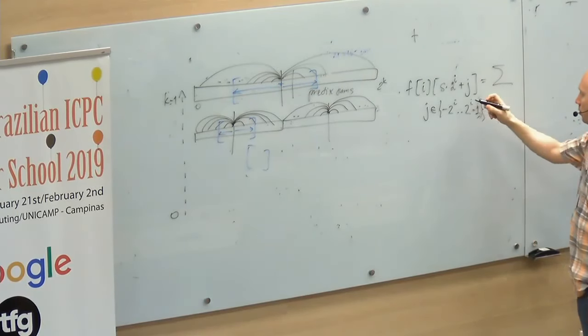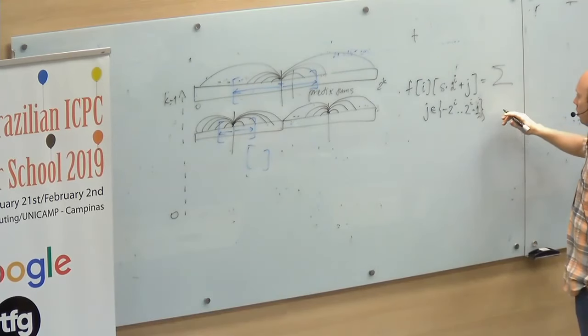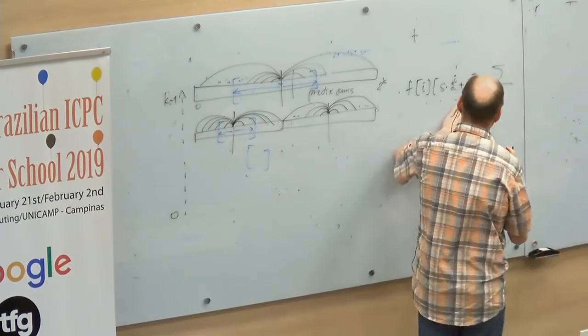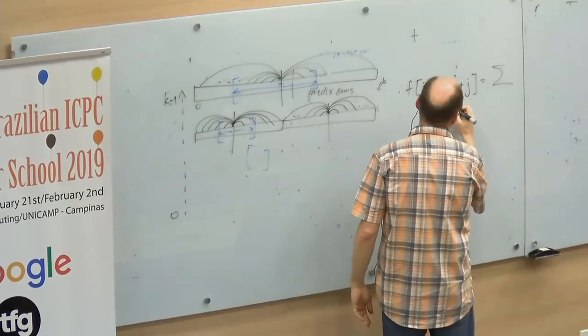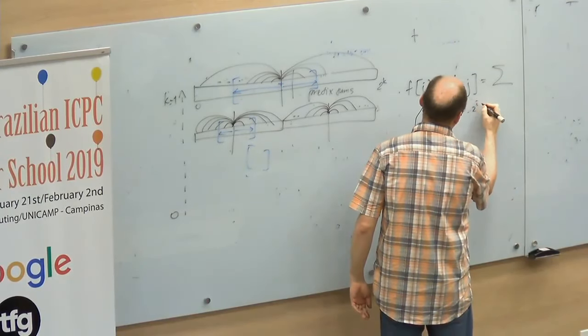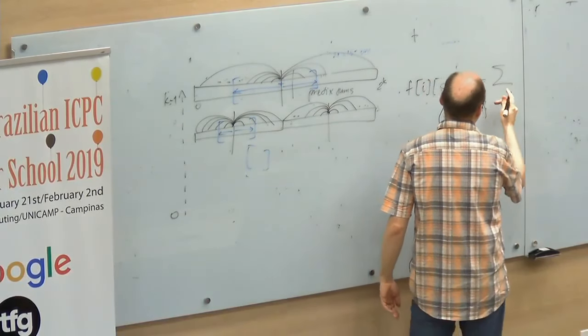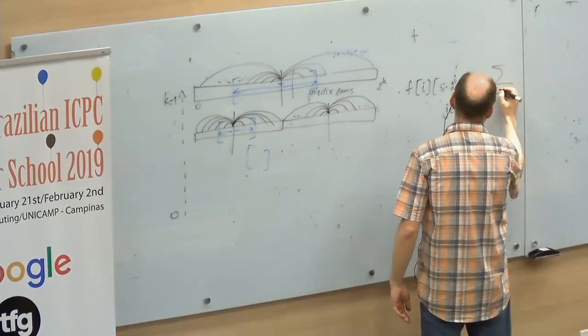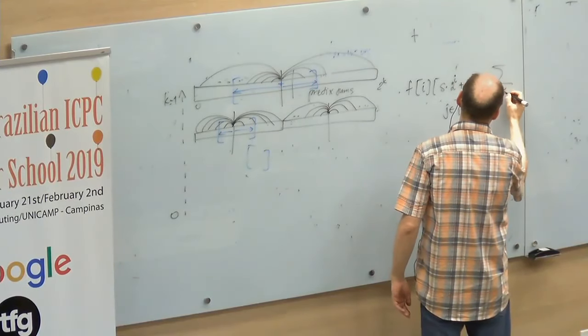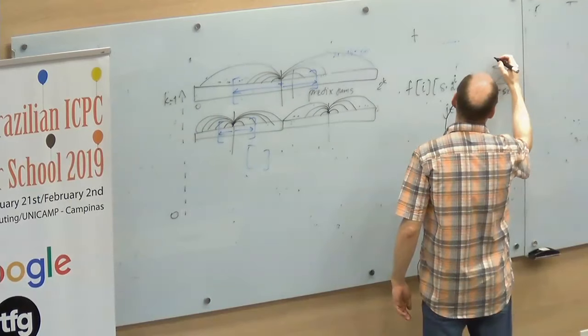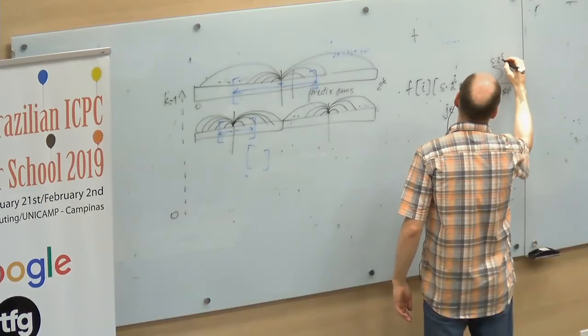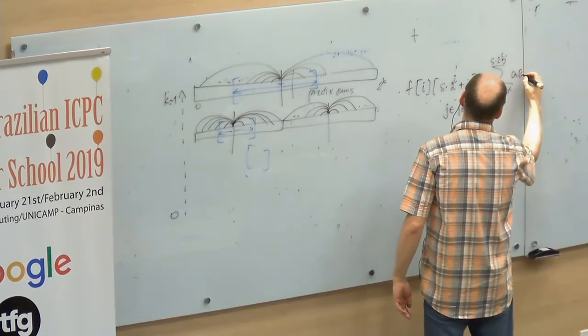Is the sum from, okay, now let's make positive and negative separately. So if j is from 0 to 2 to the power of i minus 1, that's the sum for t from s times 2 to the power of i to s times 2 to the power of i plus j of a[t].